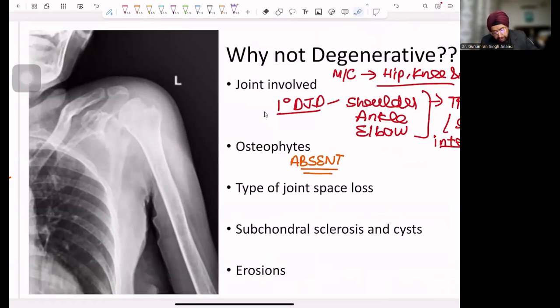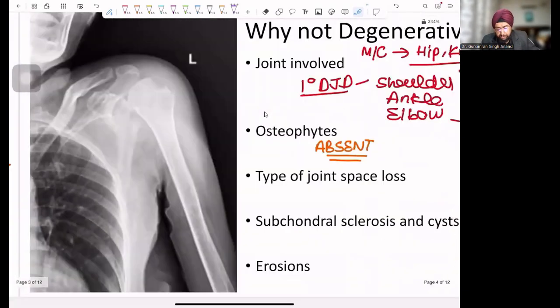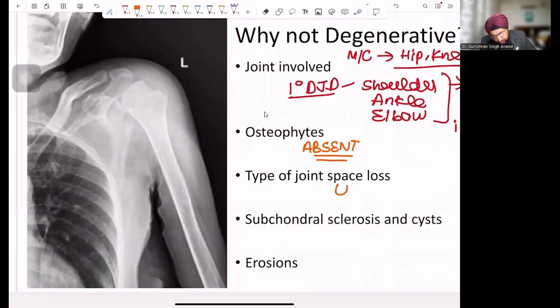Let us see the type of joint space loss here. If you look carefully, it's a uniform type of joint space loss. I told you the important feature for degenerative osteoarthritis is a non-uniform type of joint space loss. What will a non-uniform type of joint space loss look like?